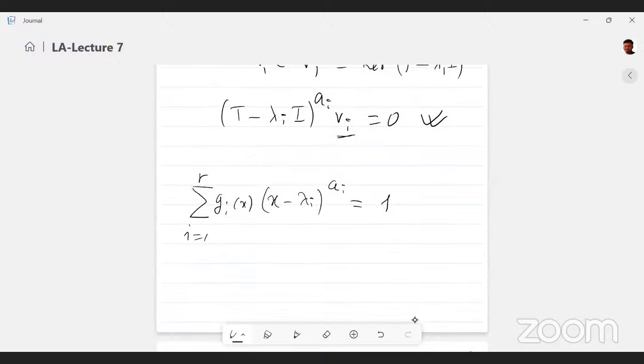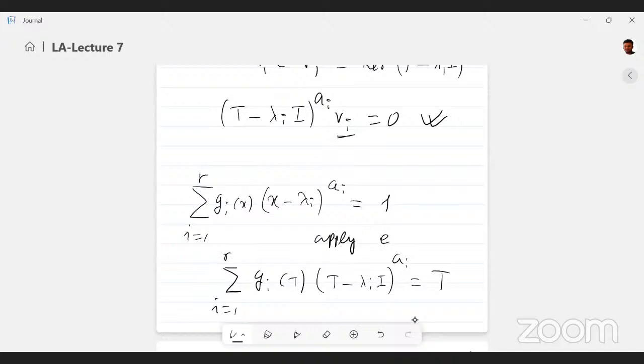So if I use the evaluation, then I will get the summation, i ranging from 1 to r, gi of T times (T minus lambda i identity) power ai equals identity. This is by applying the evaluation map. Apply this evaluation at T, we get this.